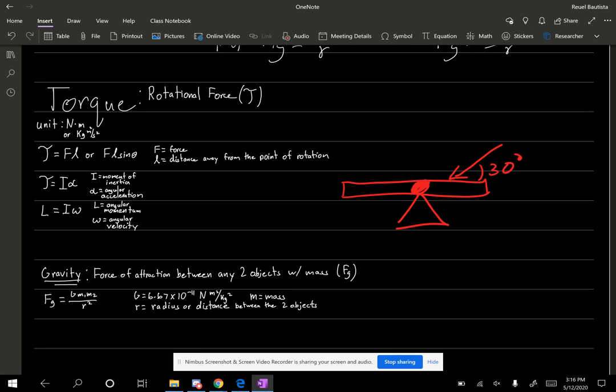So what I have to do is find the vertical component of whatever this force is, which is going to be F sine of 30 degrees. That's why it's FL sine theta, because we have to convert all of the forces applied into vertical forces. And again, L is the distance away from the point of rotation.